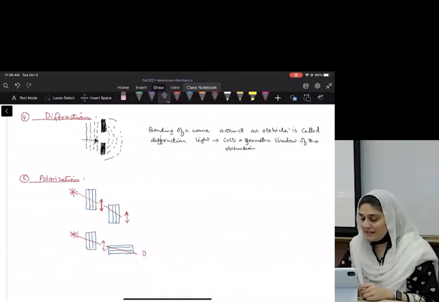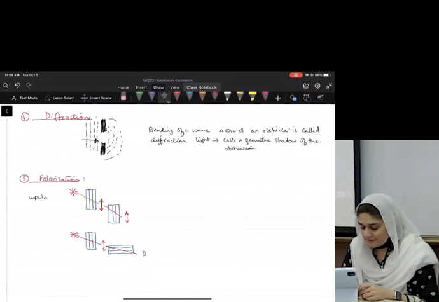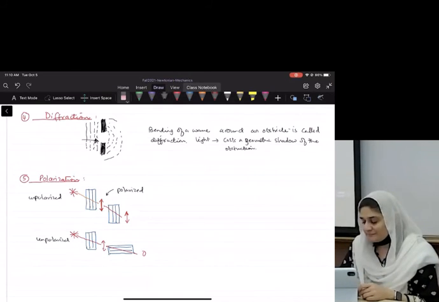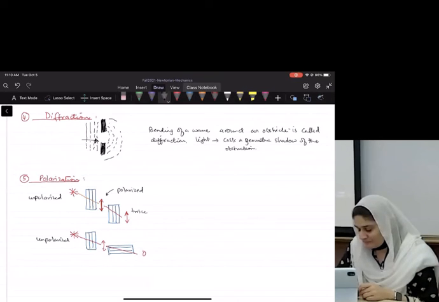So this is unpolarized. This is unpolarized light. This is polarized twice. And this is rotated polarizer.